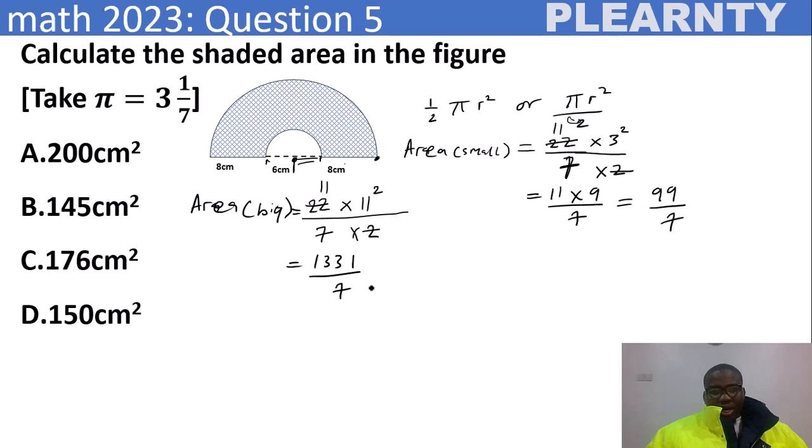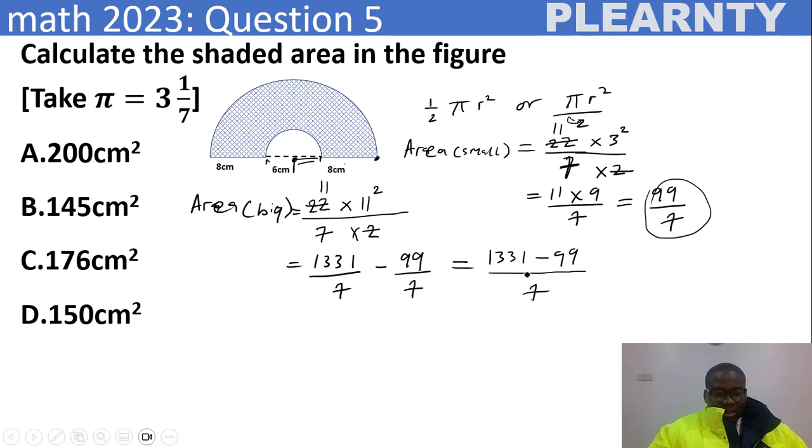Now, if you want to say 1331 over 7 minus 99 over 7, that is the same as saying 1331 minus 99, anything you get, over 7.